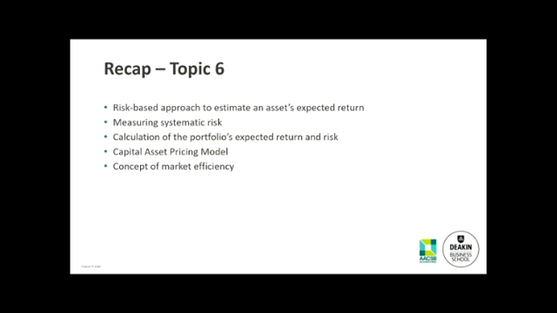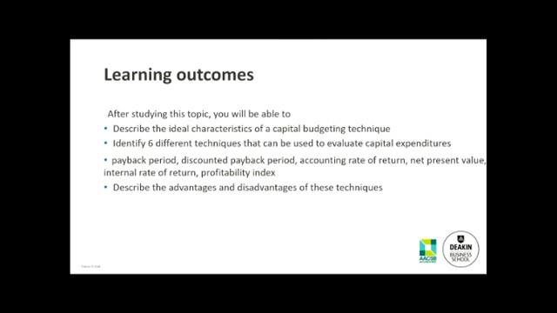Okay. What about this week's topic? After studying this topic, you will be able to describe the ideal characteristics of a capital budgeting technique, and identify 6 different techniques that can be used to evaluate capital expenditures. These 6 methods are the payback method, the discounted payback method, the accounting rate of return, the net present value method, the internal rate of return, and the profitability index.